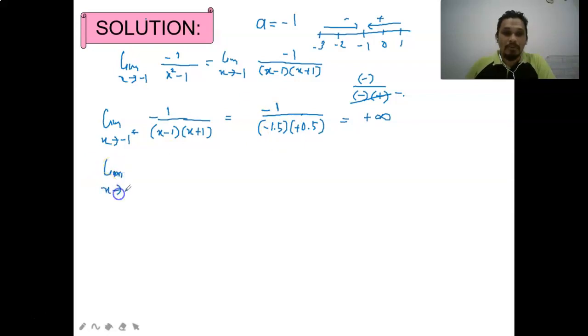And the limit as x approaches negative 1 from the left, which is negative 1 divided by x minus 1 and x plus 1. Okay, so just imagine that I choose the value of x approaching negative 1 from the left side, negative 1.5.